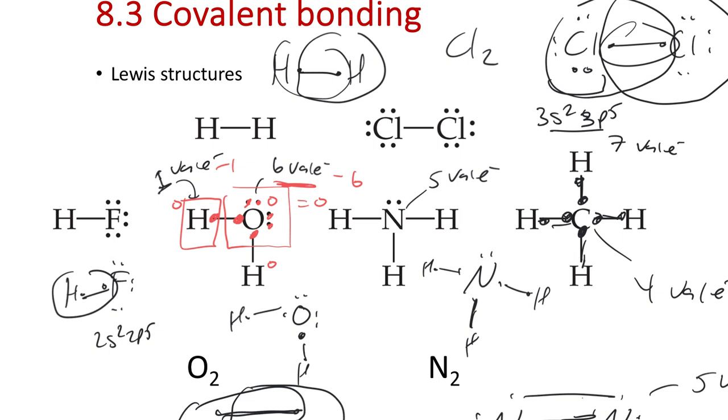Nitrogen should have 5 electrons closest to it, and if we look at nitrogen, we have 1, 2, 3, 4, 5 electrons closest to it. So just break the bonds between nitrogen and hydrogen in half, putting one electron closest to H and the other closest to N. This is the idea: if the bond is perfectly 100% covalent, shared electrons, half are closer to one atom and the other half closer to the other.